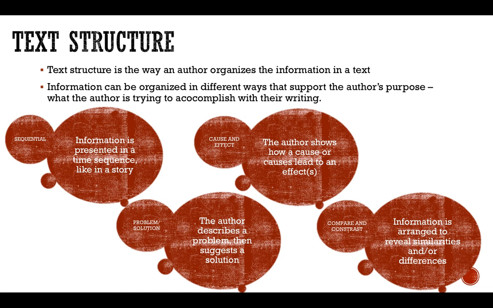Tenemos también los de cause and effect, donde el autor muestra una causa o diferentes tipos de causas seguidas del efecto que contrae esa misma causa. Y finalmente la de comparación y contraste, donde el autor arregla o acomoda la información para poder mostrar similaridades entre diferentes puntos o inclusive diferencias.